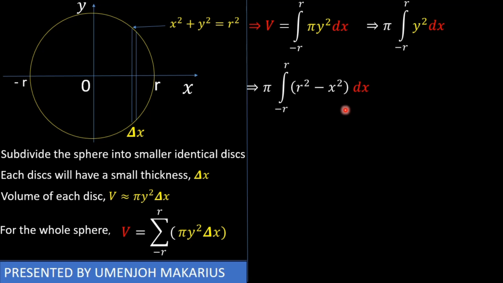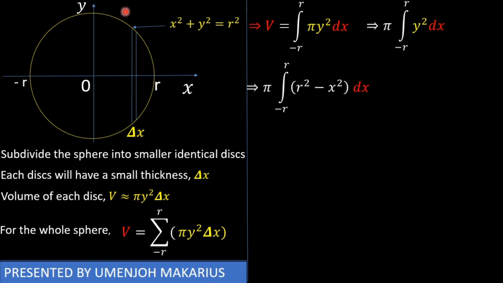But friends, to make things easy for ourselves, we can use one of the properties we all know of definite integrals: if we are integrating from negative of some value to the positive of that same value of a function, as long as that function is an even function, we can use our knowledge that the graphs of all even functions are symmetrical about the line x equals 0, or the y-axis.